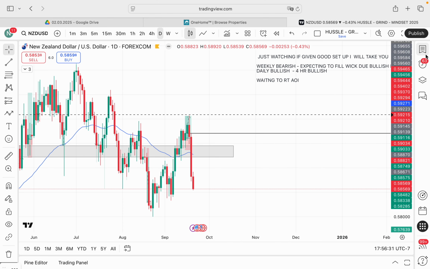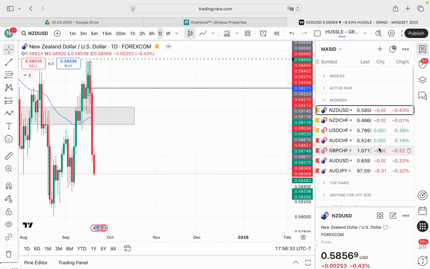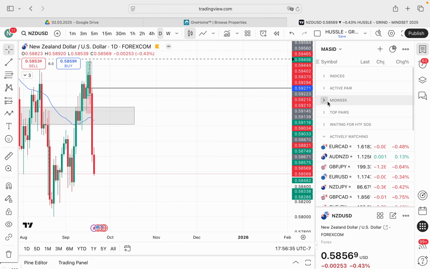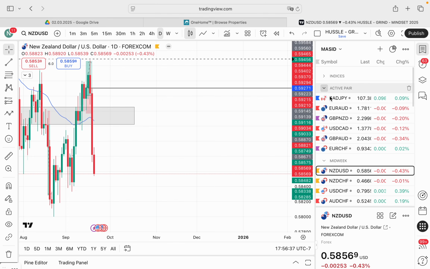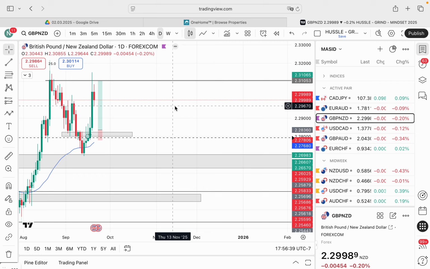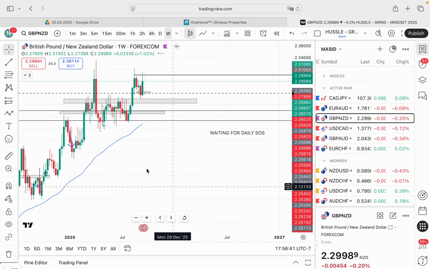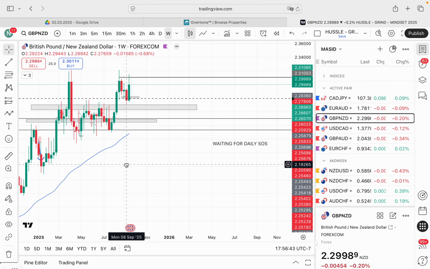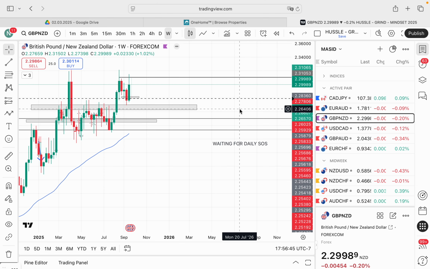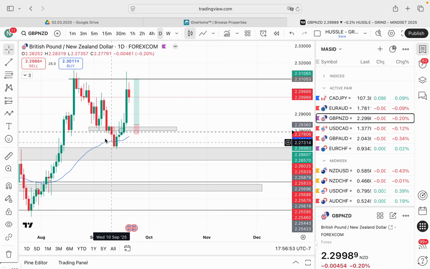Alright, yeah, so I do have one missing trade as well. I have GBPNZD. I was anticipating that this pair will play out, because weekly is bullish, daily is having a retracement.